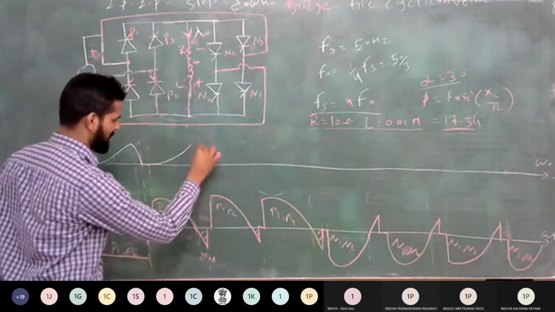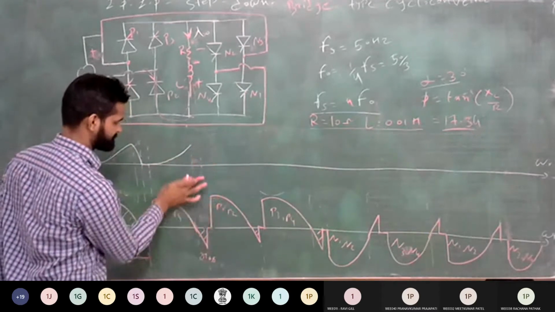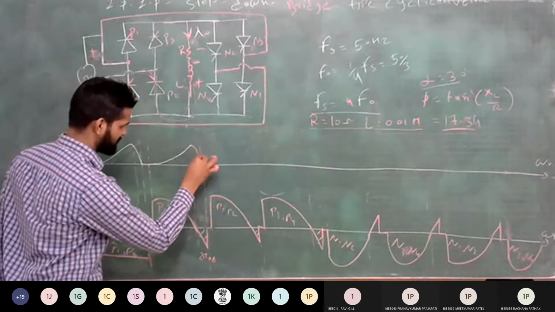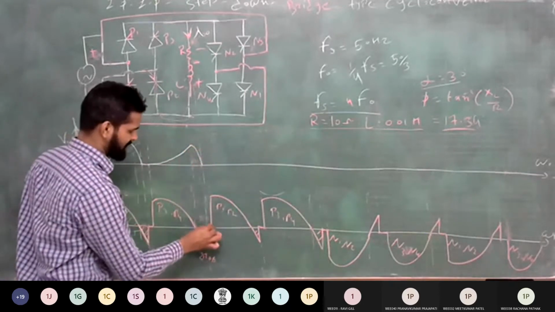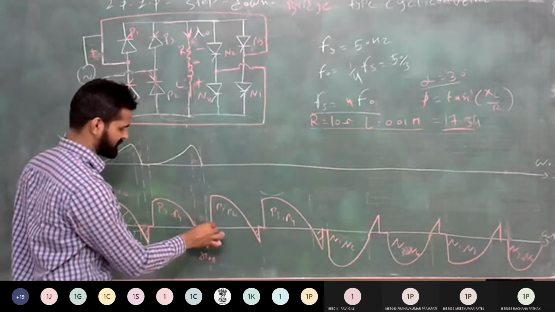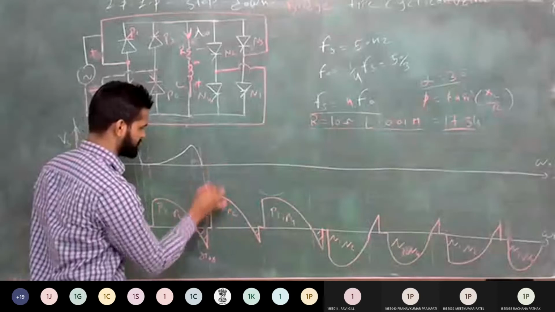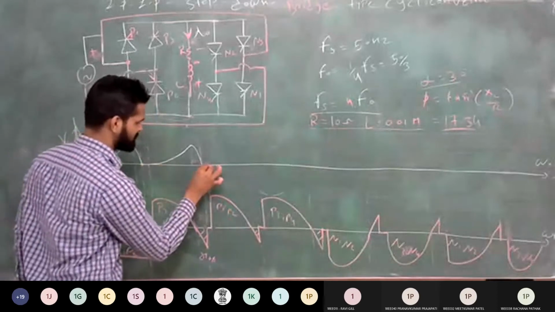And from 2 pi plus phi, at this angle, it becomes 0 because the inductor is completely discharged. So there is a gap between pi plus phi and pi plus alpha. During this, output voltage is 0, and that's why your load current also remains 0. You can see the load current remains 0.